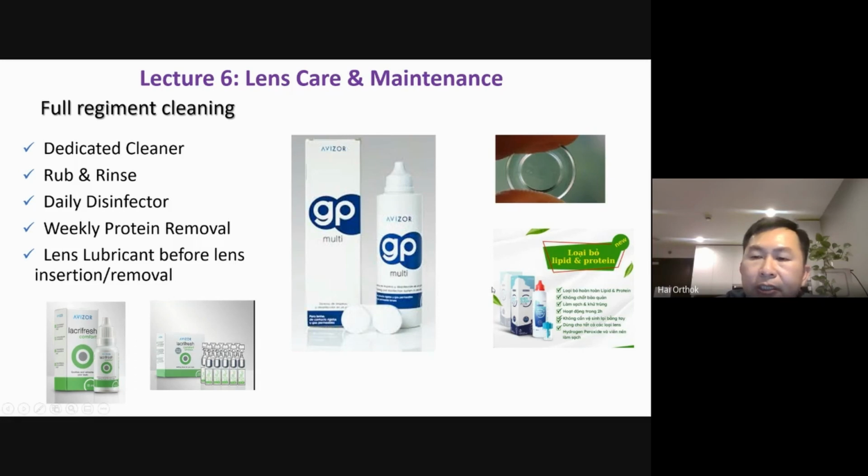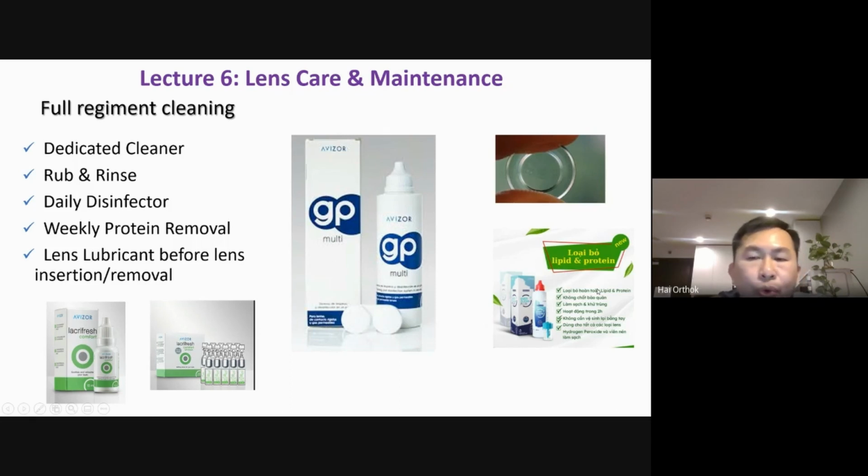Another solution you can use to clean the lens is 3% hydrogen peroxide. Everclean Plus also has a lipid and protein remover. It really helps to remove very fine small particles that stick on the lens compared to the GB Multi. So it's very good for you to use the Everclean Plus too. So the patient can choose one of the two.